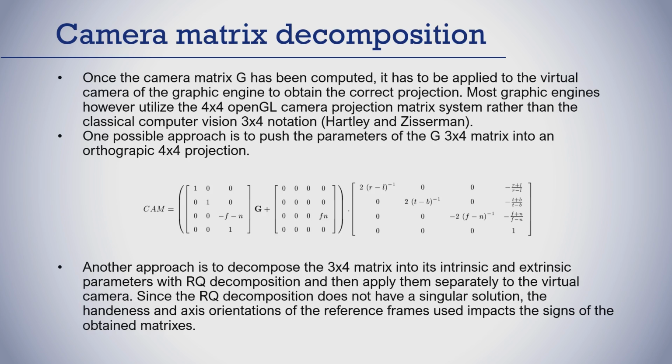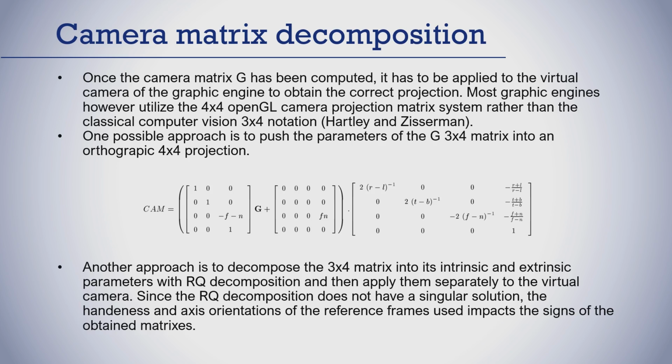Otherwise, my approach was to decompose the geometric matrix into its singular parameters and then apply those parameters individually. So we decompose the matrix with RQ decomposition, which basically splits the 3x4 matrix into a 3x3 upper triangular matrix and a 3x3 orthogonal matrix. The only problem is that the RQ decomposition does not have a unique solution.